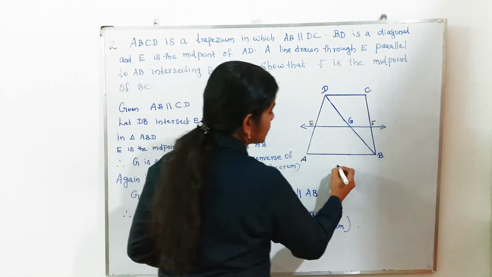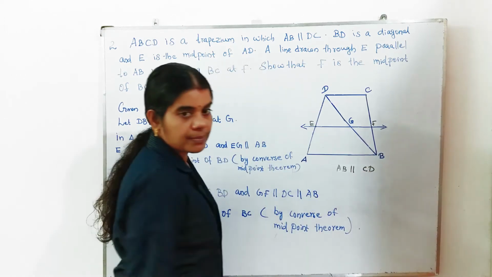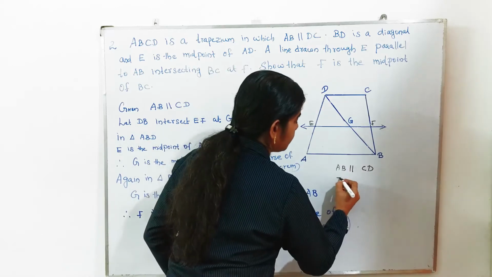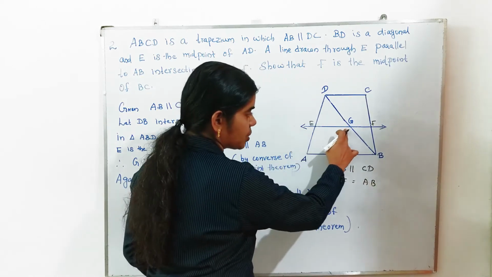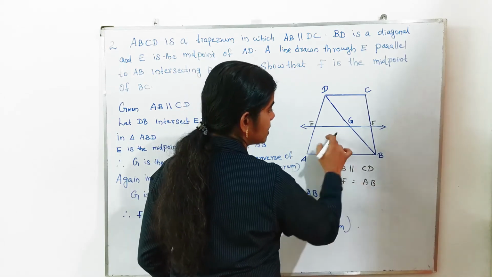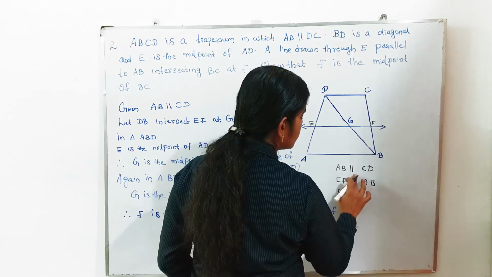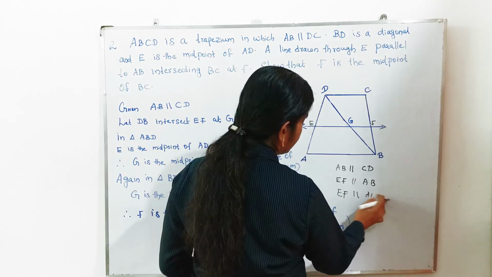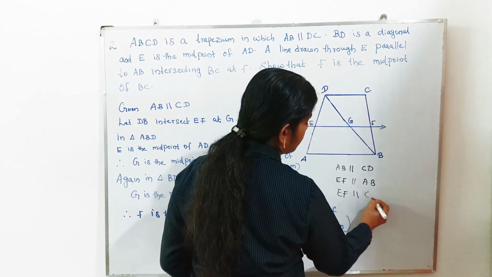You already know that AB is parallel to CD, which is given. The drawn line EF is parallel to AB, so EF will also be parallel to DC, or CD.